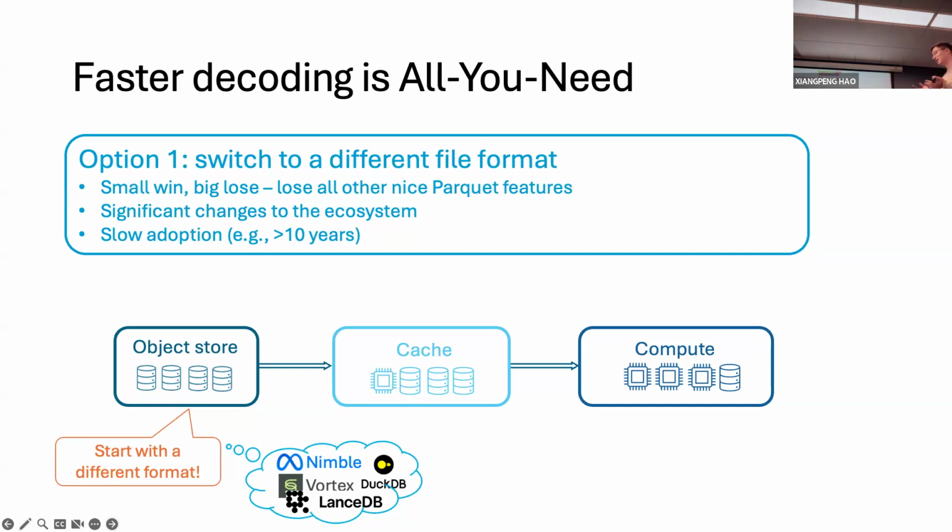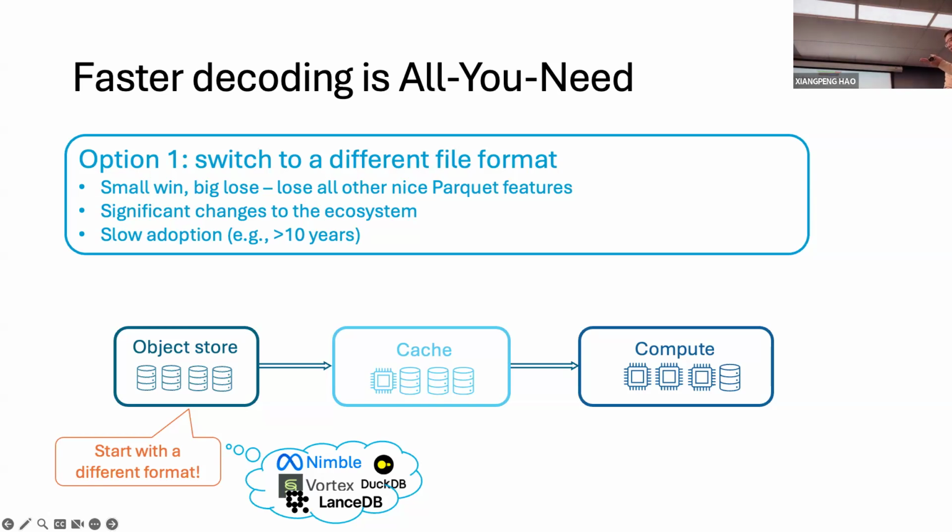And if you change Parquet to a specialized format, you kind of get vendor lock-in to a particular company, right? And it's also slow adoption. For example, Parquet itself is evolving, right? It has been adding new data formats and new encodings. But for example, Parquet data page v2 was released almost 10 years ago.